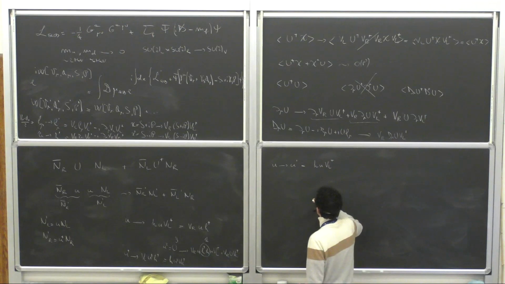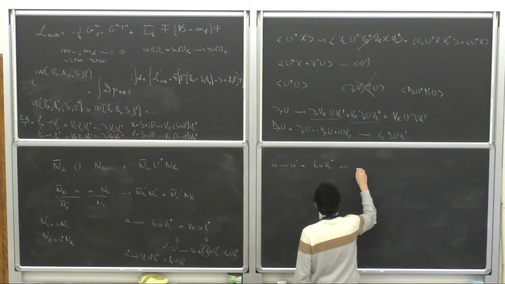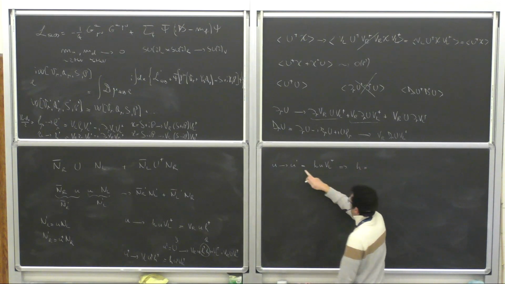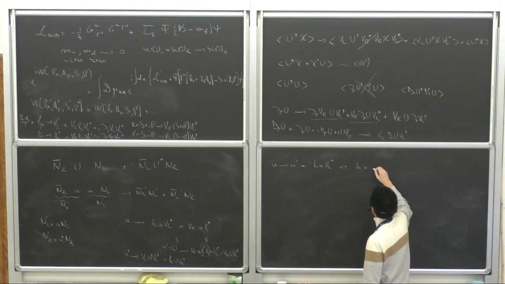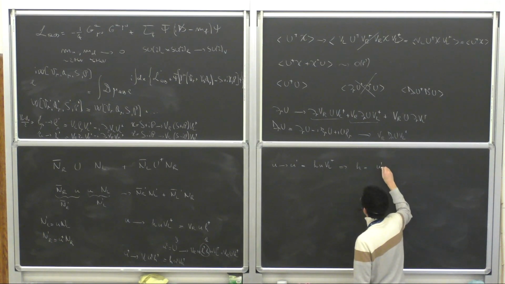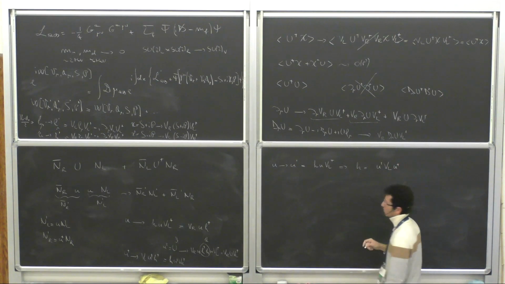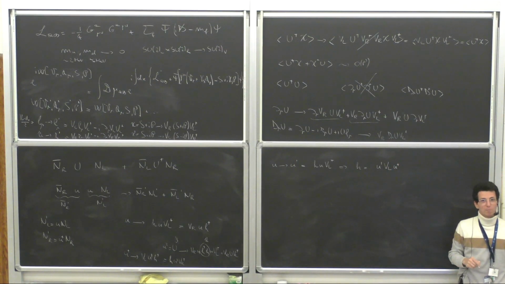We know that therefore H, if you right multiply by VL and then right multiply by u dagger, you obtain that H is equal to u prime VL u dagger.